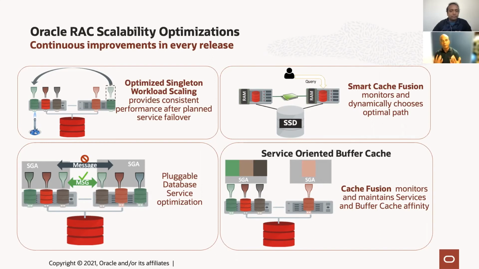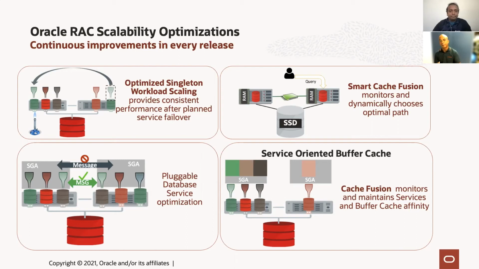Similarly, we have our pluggable database optimization, where via an in-memory separation, the lock manager of cache fusion can optimally send and receive messages, so they don't have to send them to all the other PDBs. Finally, we get to the service-oriented buffer cache. What is it? In RAC, we try to maintain the relation between the access patterns of different nodes.